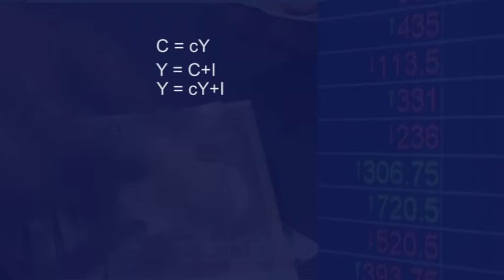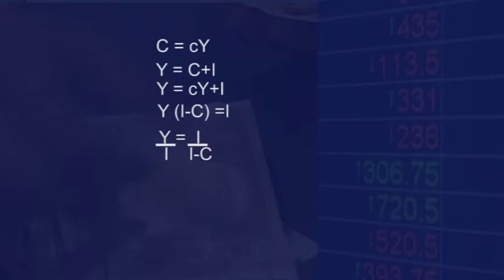I can rewrite that by saying Y(1 minus c) is equal to I. And I can rearrange that further to say that Y over I is equal to 1 over 1 minus c. And if that's true for levels of national output, that the amount of Y over the amount of investment demand is equal to this term 1 over 1 minus c, if that's true for the level, it's true for changes.